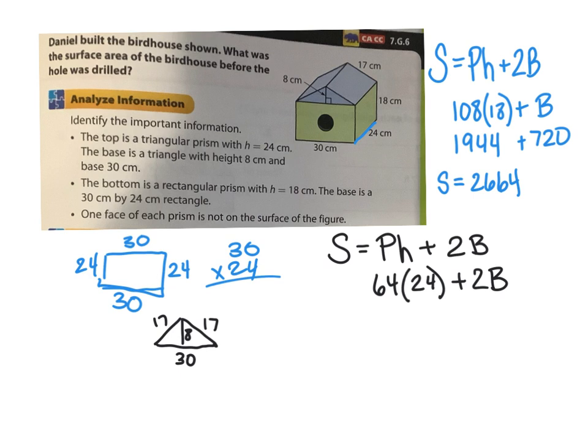So the area, again, we just have to refresh our memories. Area of a triangle is half base times height. So I'm doing 1/2 of 30 times 8. I'll do half of 8, which is 4. And 4 times 30 is 120.